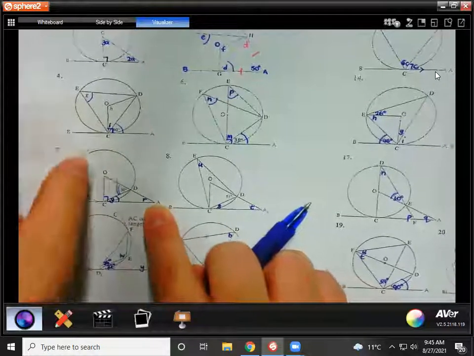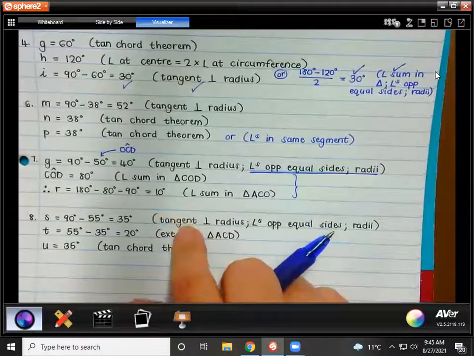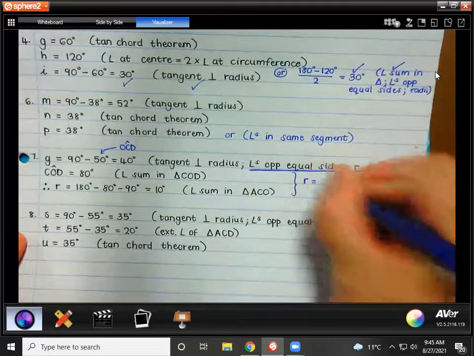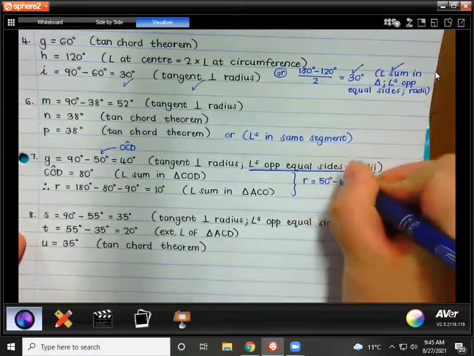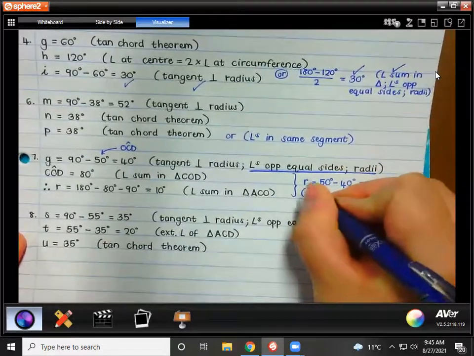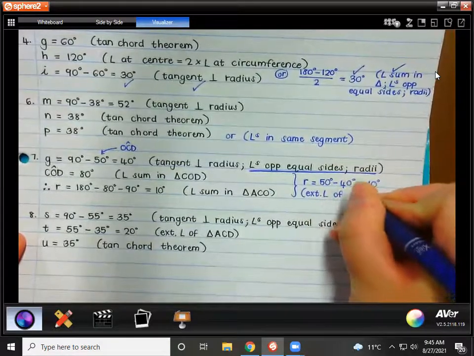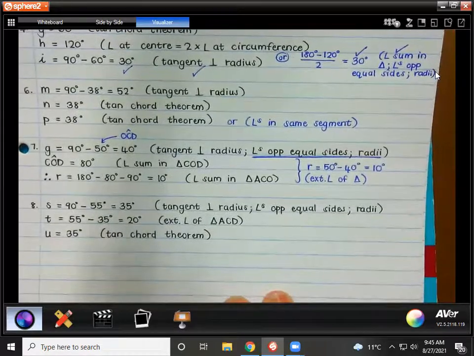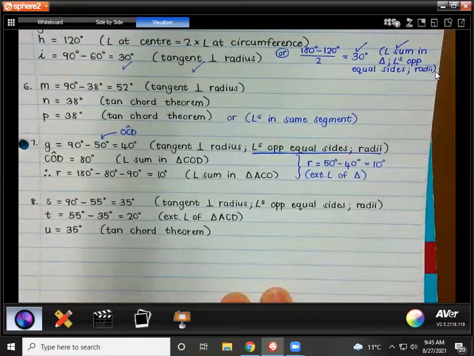I did angle sum in a triangle there. Then you also get 10. Okay, it's much longer than the exterior angle one. So I'm just going to write that one in quickly. R would be 50 minus 40, which is 10 degrees. Exterior angle of a triangle. You can see I used it in the previous one, but I didn't recognize it in number 7.